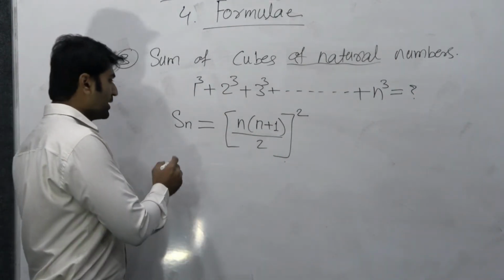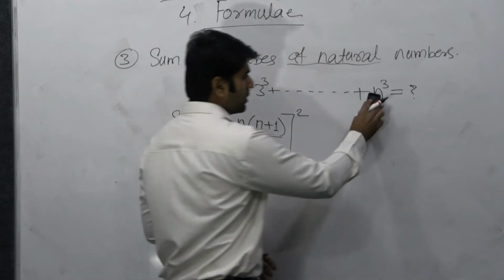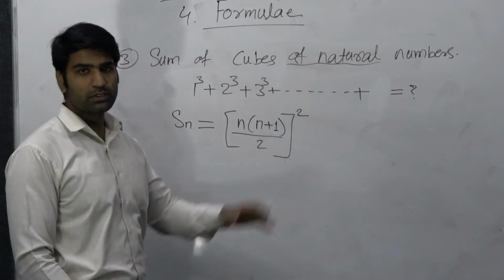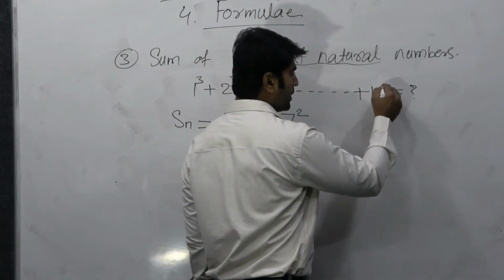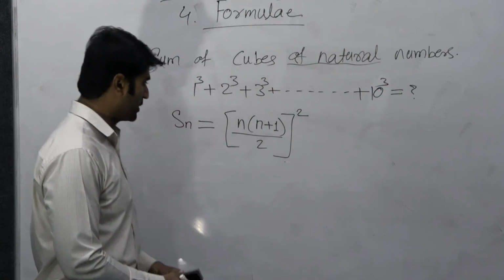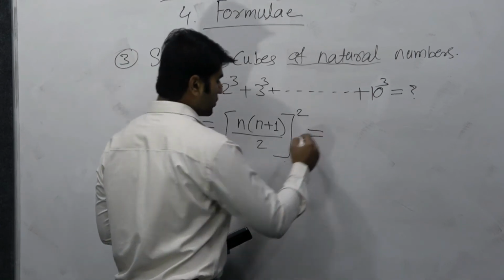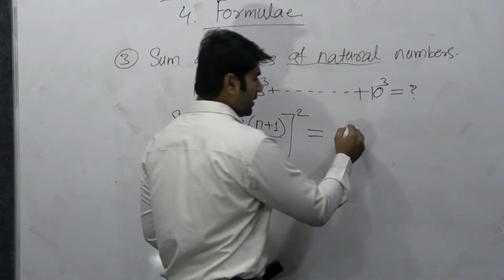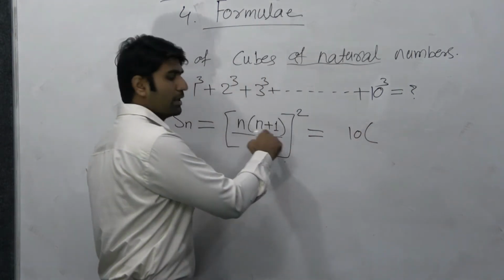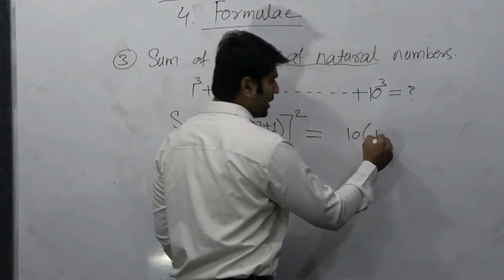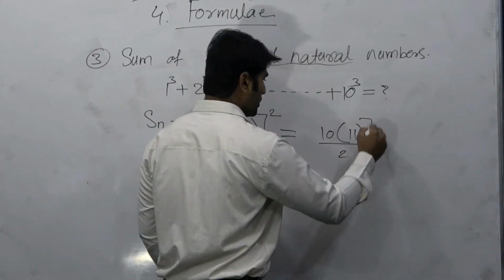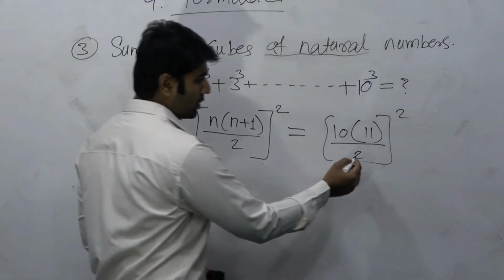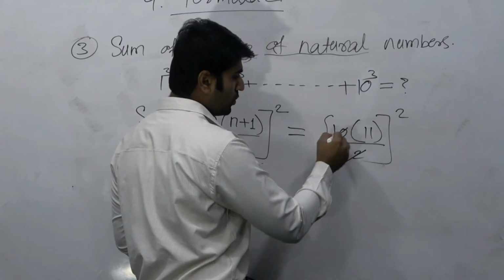So let's take an example. Let's take the cubes of 1 to 10: 1 cube plus 2 cube plus 3 cube up to 10 cube. Now we know the value of n. There are 10 numbers, therefore 10 into bracket 10 plus 1, 11, upon 2, bracket square. Divide 10 by 2, 5.